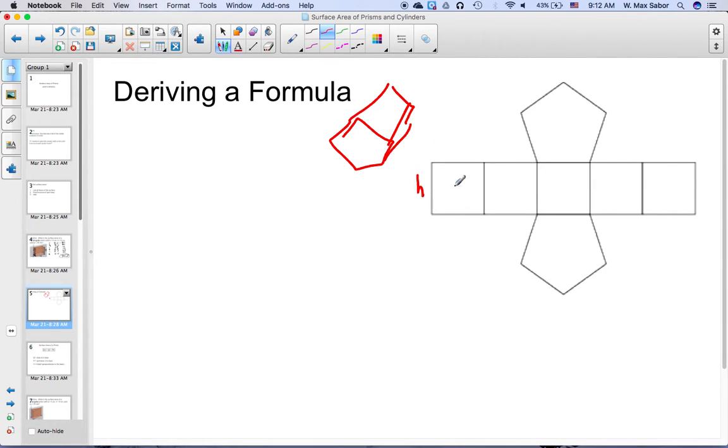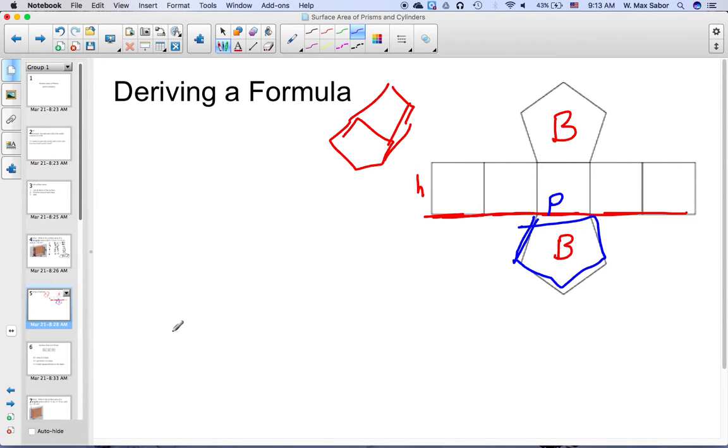This is the height of each rectangle, which is the height of the prism. Here's the base of each one. And these five match up with the 5 sides of the pentagon. In other words, these 5 things add up to the perimeter of that pentagon.